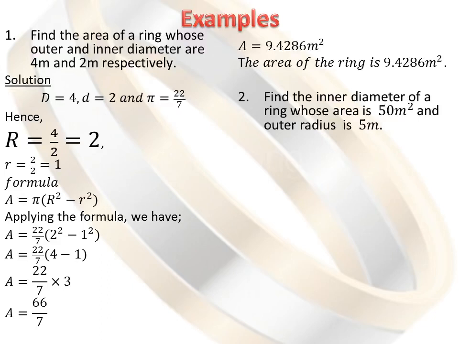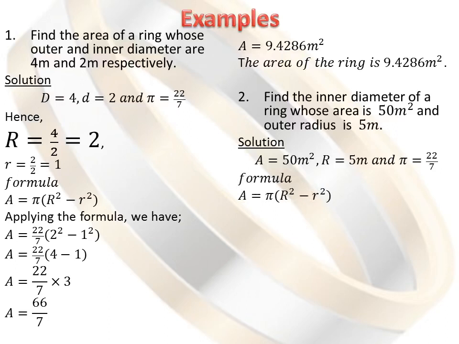Here's the solution. According to what we are given in the question, our area, which we represent with A, is equal to 50 meters squared. Our outer radius, which we represent with bigger R, is equal to 5 meters, and our pi is equal to 22/7.